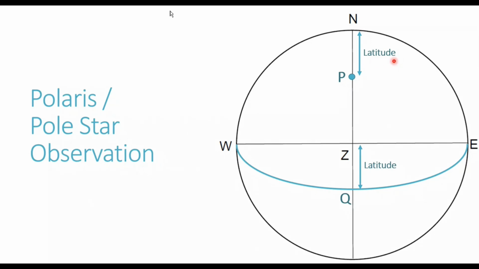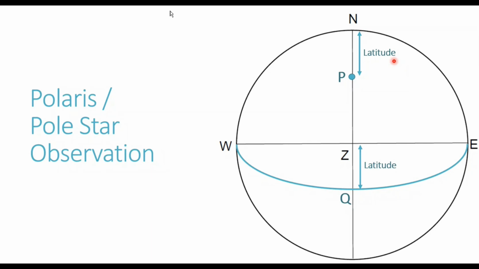In other words, you can say that the altitude of the pole or the elevation of the pole straight away gives us the latitude of the observer. So we get a very easy method to obtain the latitude here. If we can take the altitude of the pole, it will immediately give us the latitude, which is a very simple and easy way.